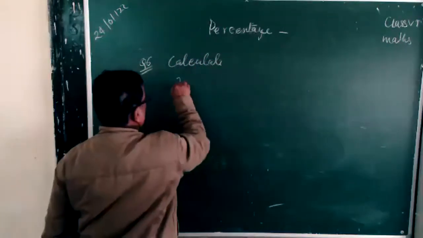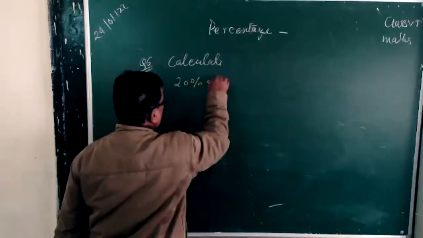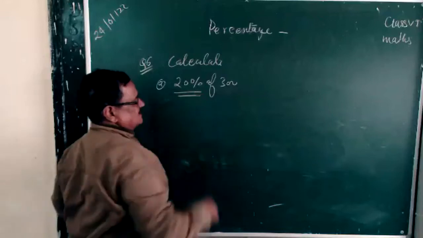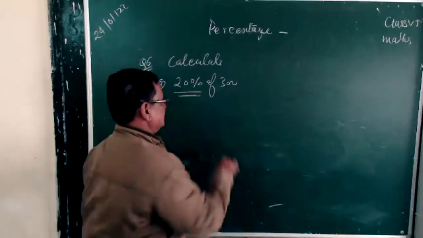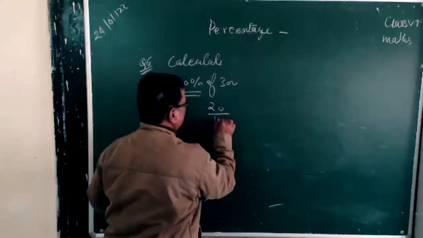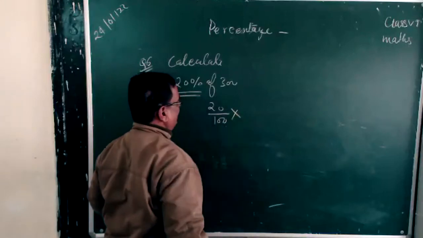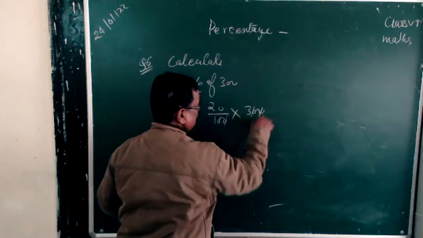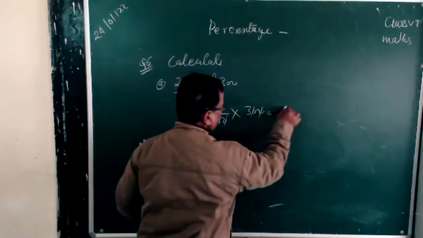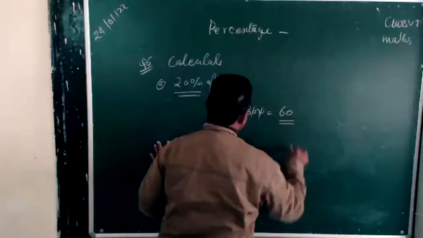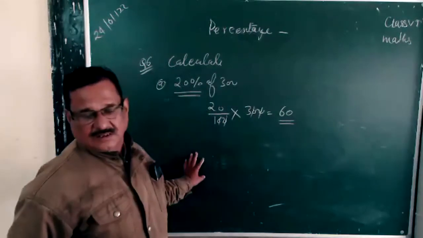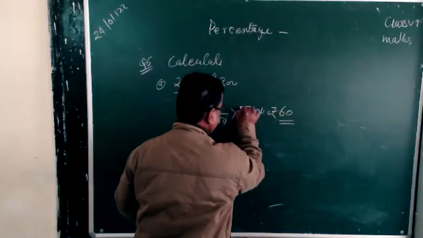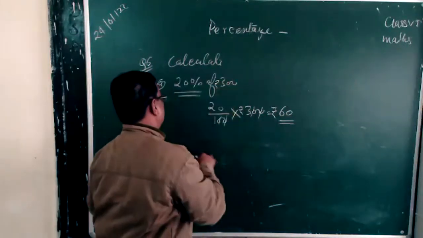Calculate 20% of 300. Write the percentage as a fraction, that is 20 by 100. Of in place of multiplication, and 300. The zeros cancel out. 3 into 20 is 60, so 60 rupees is the answer. See, 300 rupees, 60 rupees.